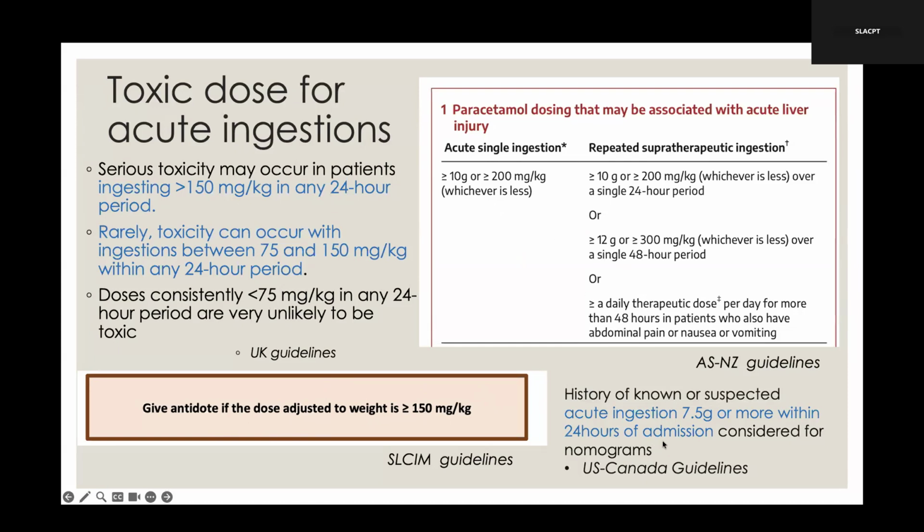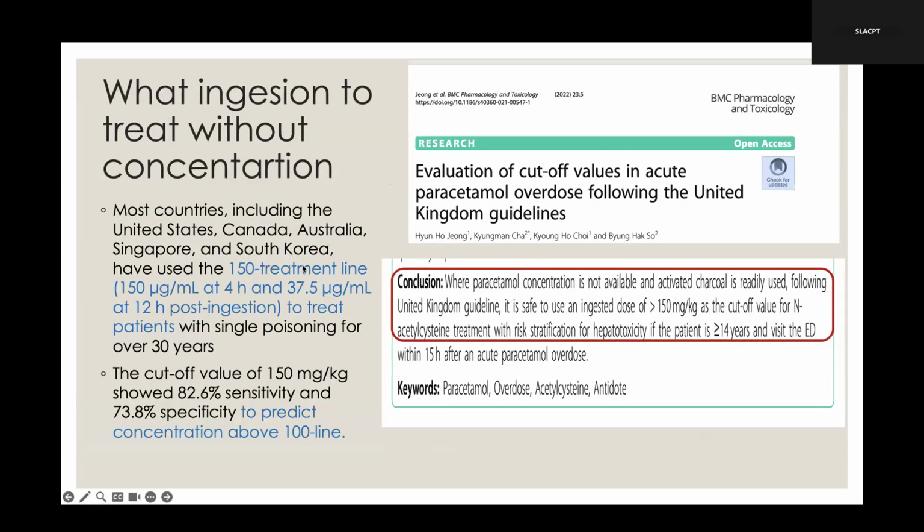And the US and Canadian guidelines say anything more than 7.5 grams, or a toxic concentration on the nomogram, is the toxic dose. You can see that there are differences in the toxic dose recommended.